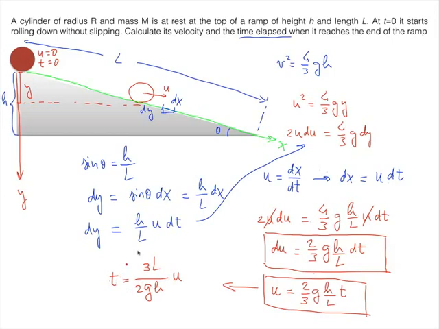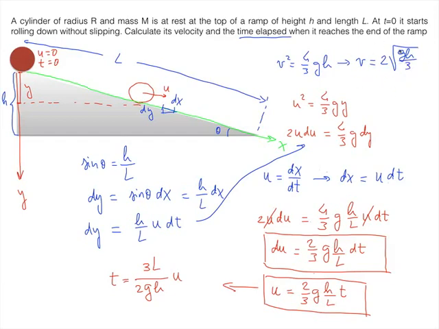And in particular the time at this final instant will be the value we get when we substitute u by v, which is the value that we got from the first part of the problem. Here we have that v equals the square root of 2 times g times h divided by 3.